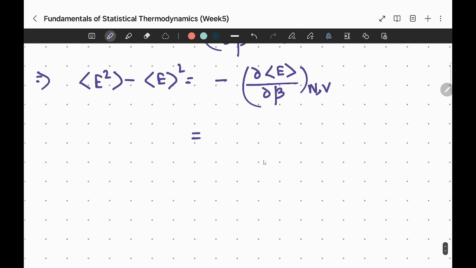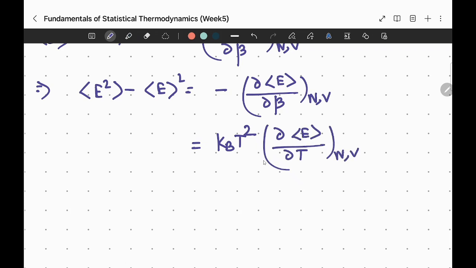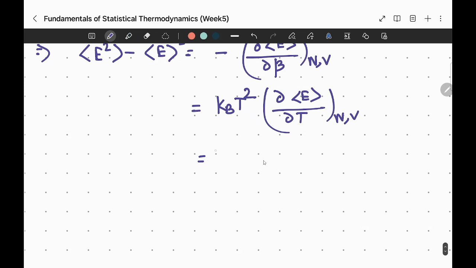This is the standard deviation, but still we can simplify it. Just put kBT instead of beta. So it will be kB T square del E del T at constant N, V. What is this? Cv.